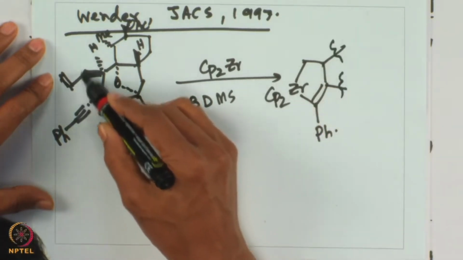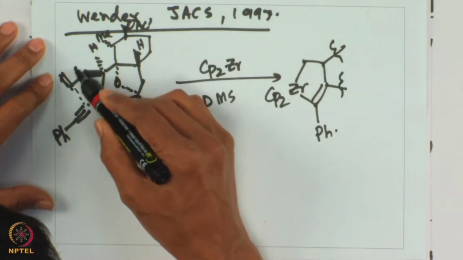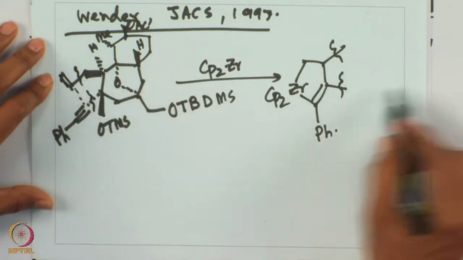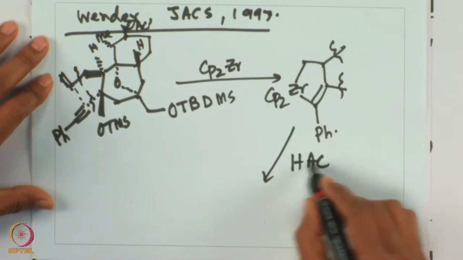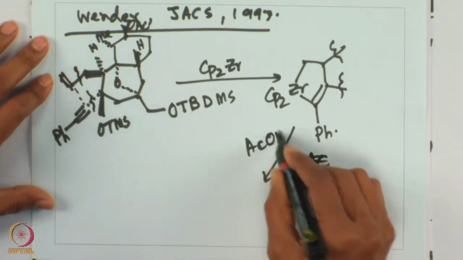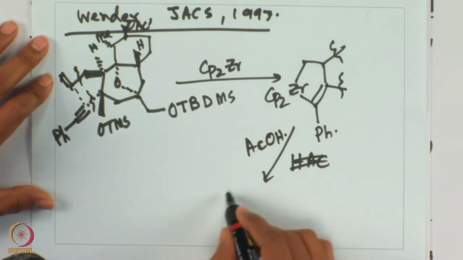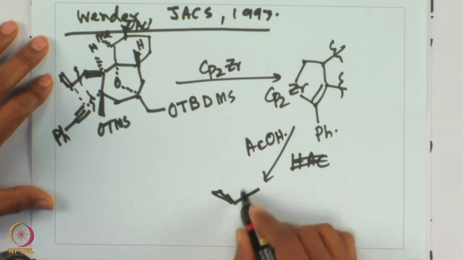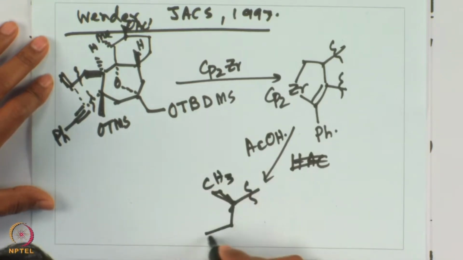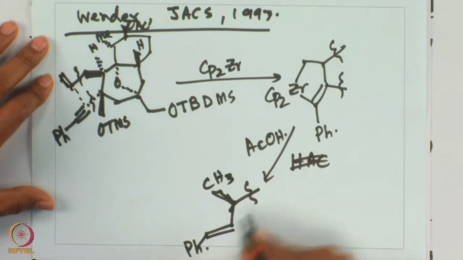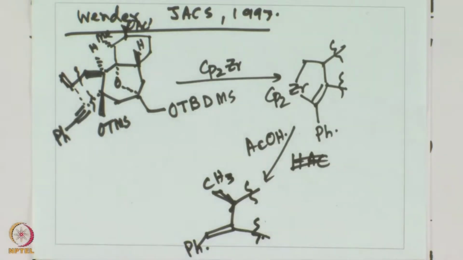So, from this part and this part that can go on, and finally, if we take acetic acid, HOAc, into the picture, what we overall get is the formation of a methyl and a terminal or internal olefin in this case to give the advanced intermediate for a natural product synthesis as well.